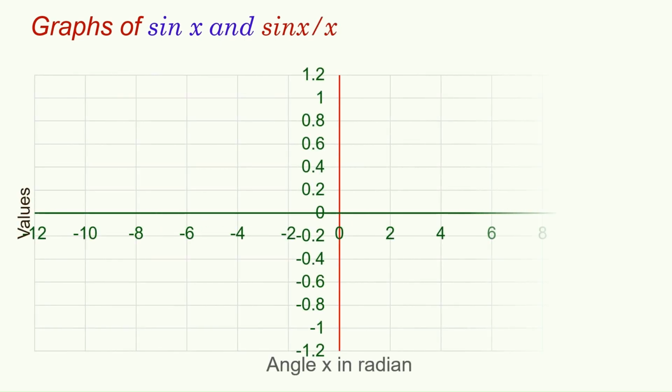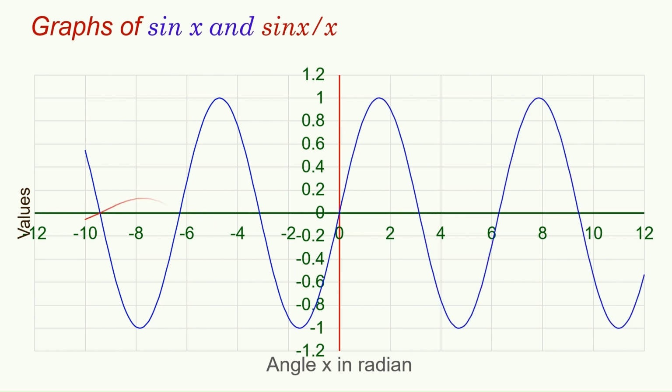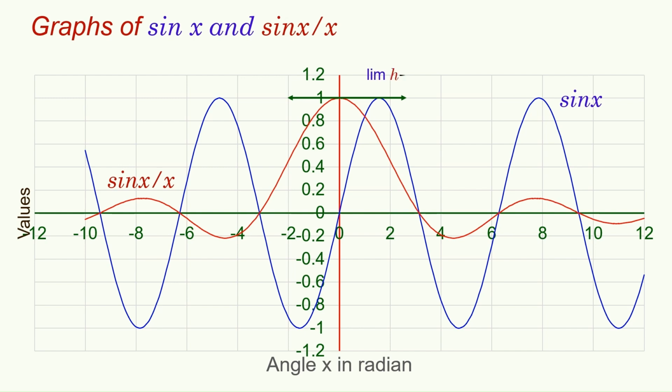Graphs of sine of x and sine of x divided by x. In this graph of sine of x divided by x, note the value at x equals 0. The tangent is y equals 1. Therefore, the limit as h tends to 0 of sine of h divided by h equals 1.